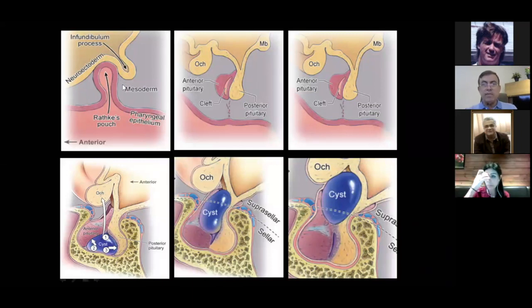So the neuroectoderm pouch and the Rathke's pouch, which is coming from the primitive gut, join together. The remnants, if they remain, will form a cyst. That's one of the theories about how we develop the Rathke's cyst. But we can extend this theory: this is the same theory by which the colloid cysts form.